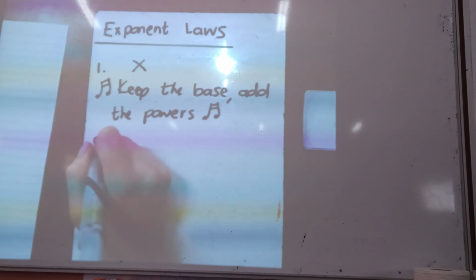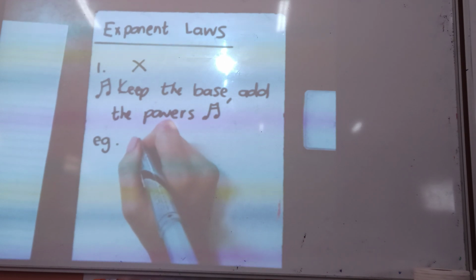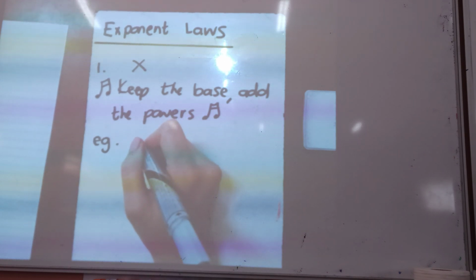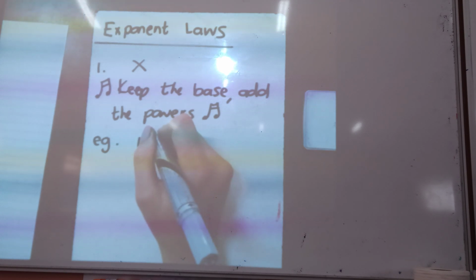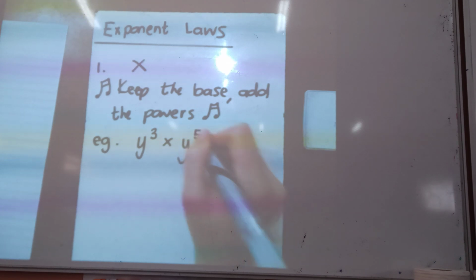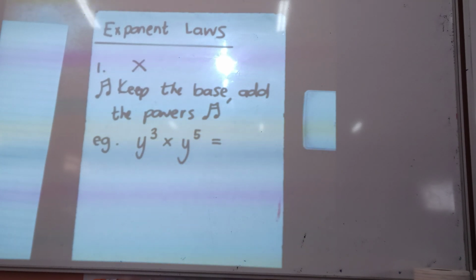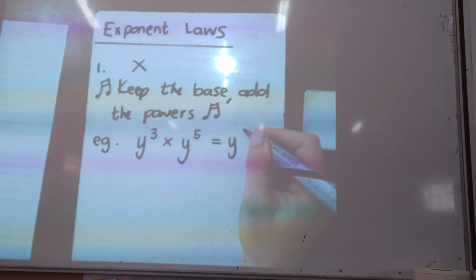So, an example of this would be y to the power of 3 times y to the power of 5. What is my answer? Keep the base. What is my base? Y. Add the powers. 8.